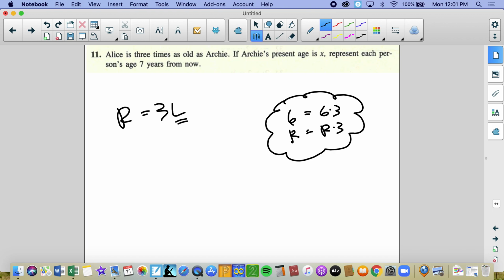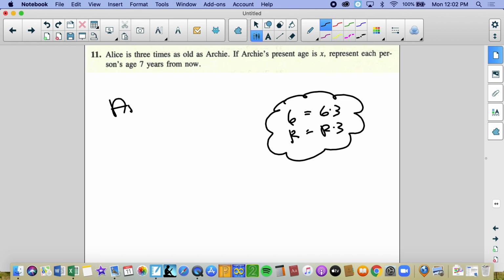So if they wanted in L, or Archie's age, if Archie is X, sorry, that's X, then she's going to be 3 times X, right? If Archie is X, and we want to find out how old Alice is, 3 times his age, then it's 3x. That kind of looks a little weird. That's bad, Mr. Mac did not explain that well.